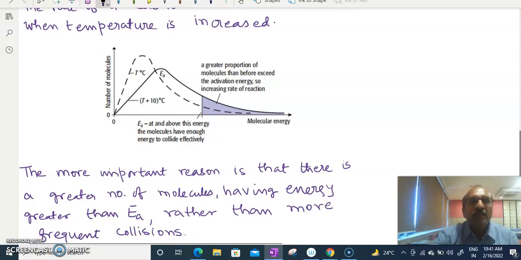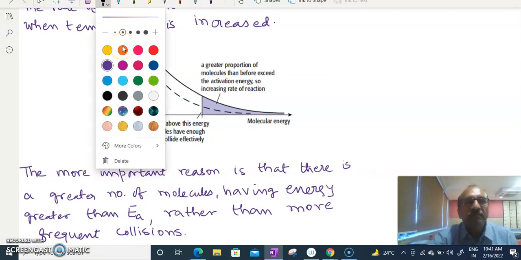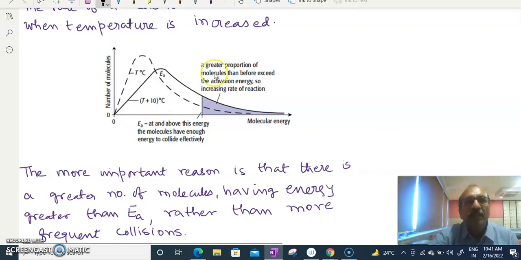So this is the graph at the temperature T degrees Celsius, and this is the graph at a higher temperature, which is 10 degrees higher than the previous temperature. So let us see what happens to the shape of the graph.